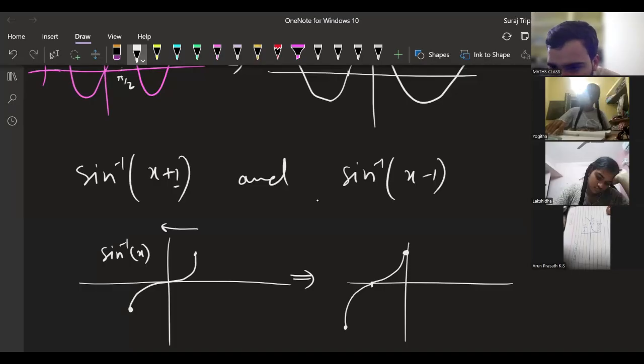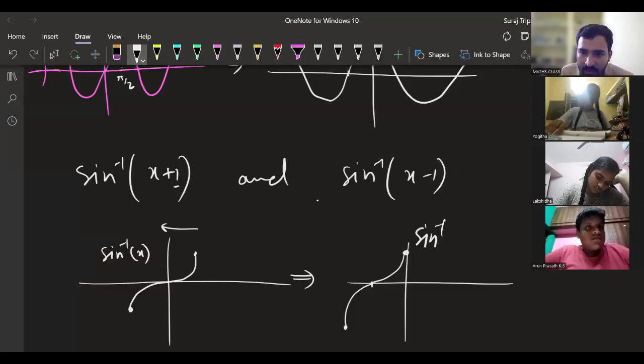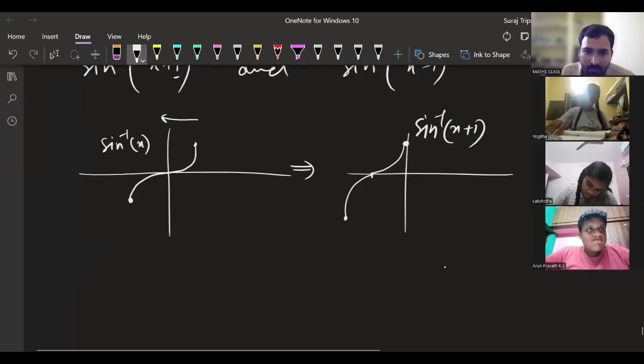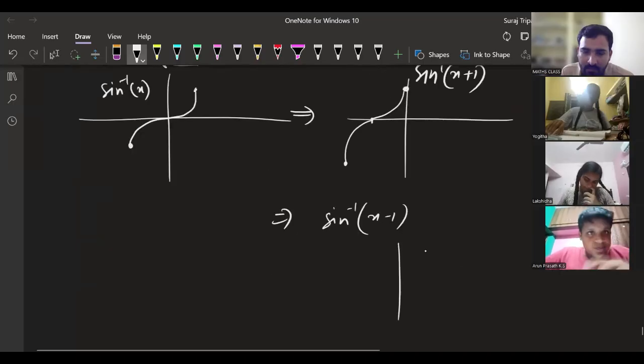So this is the sine inverse x minus 1, right? And this graph is for sine inverse x plus 1. So for sine inverse x minus 1, you have to shift the entire graph towards the right side. Also, you can first write down the position of the y-axis.